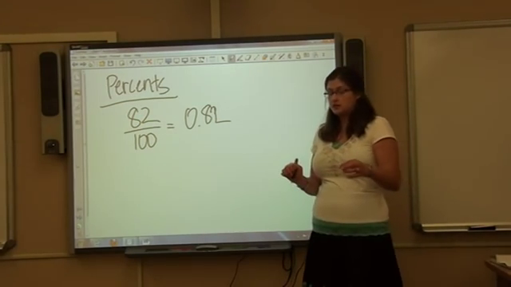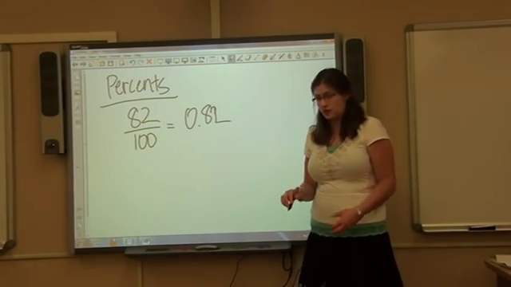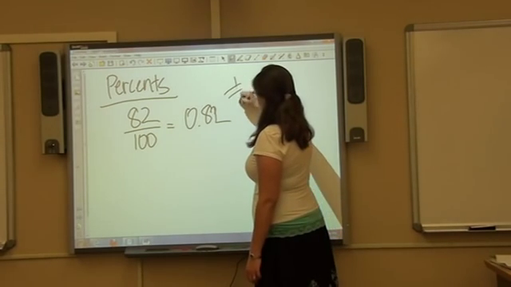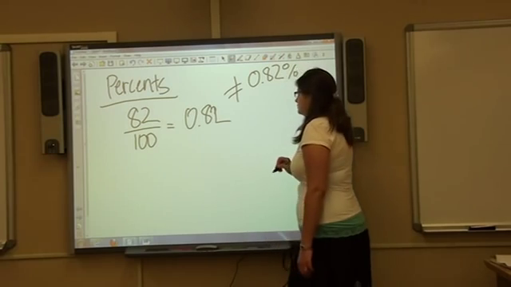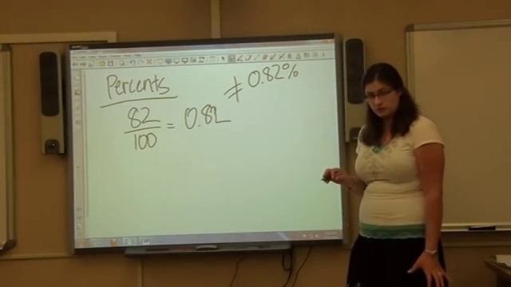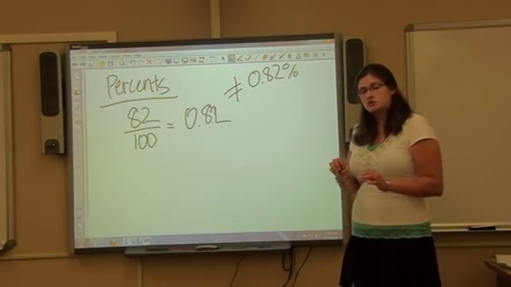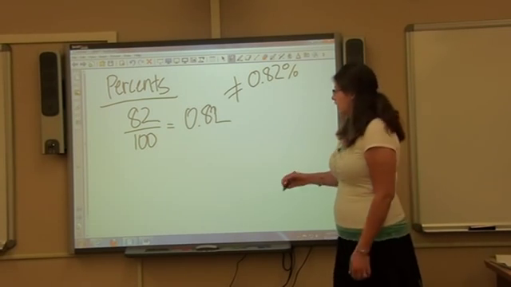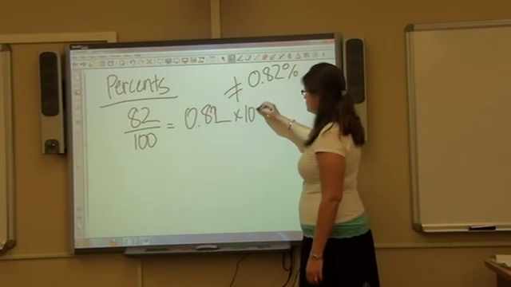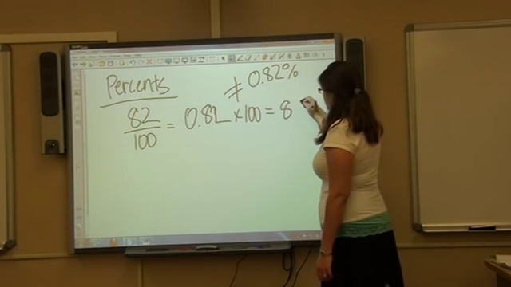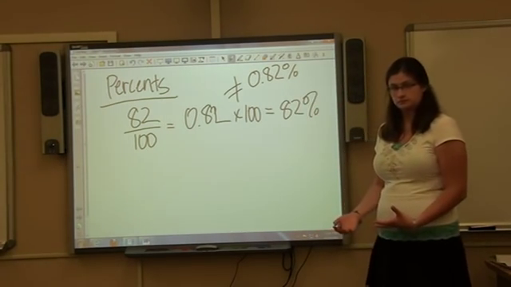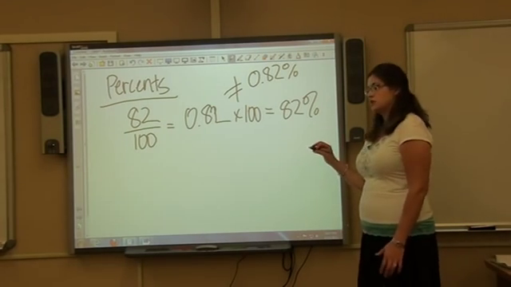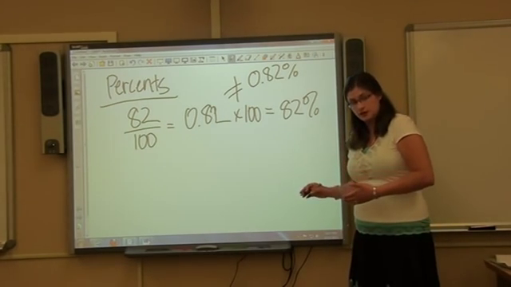Now, that doesn't mean that I have 0.82%. That's not what that number means. If I want to actually calculate what the percent is, I have to multiply by 100, therefore giving me 82%. So that's how you go from a number to a percent.